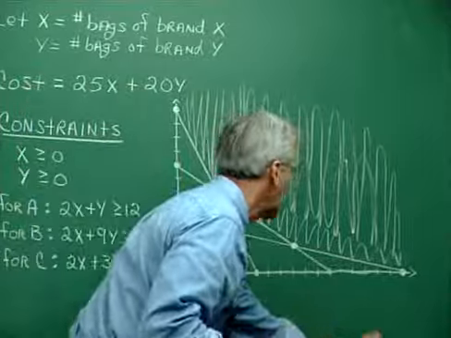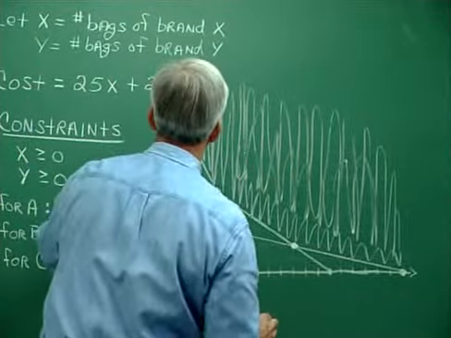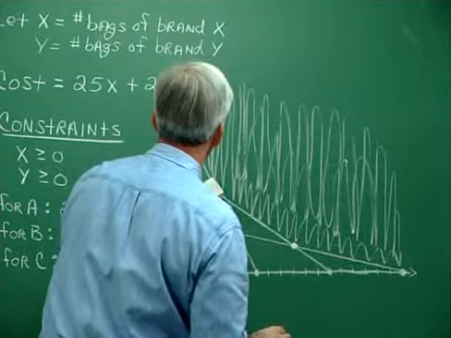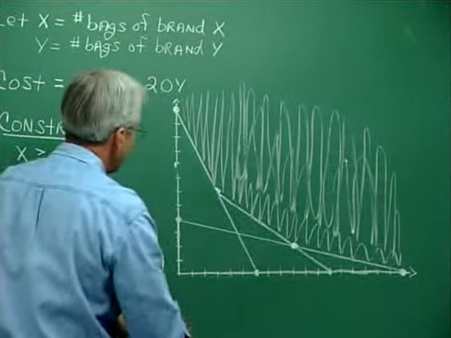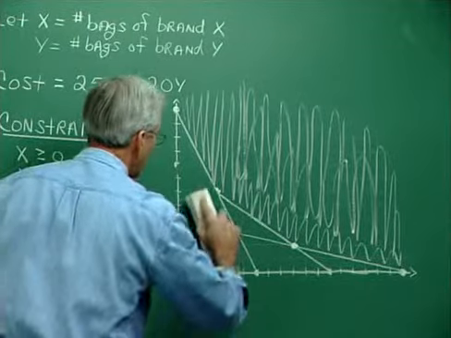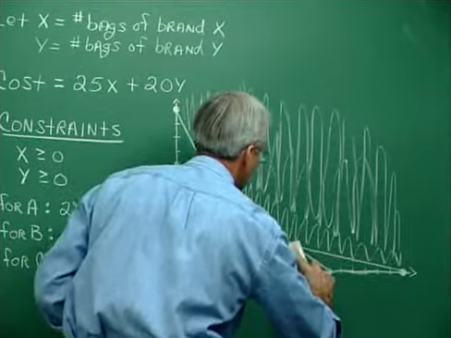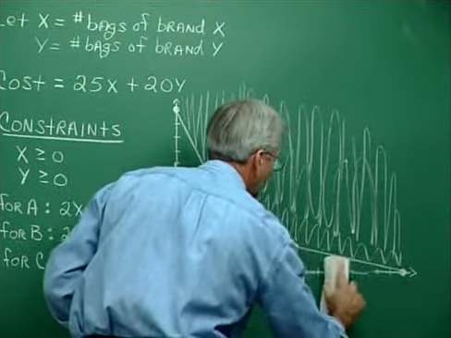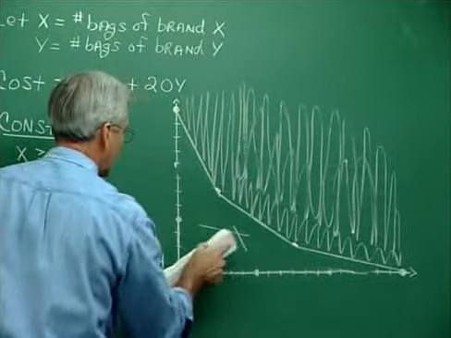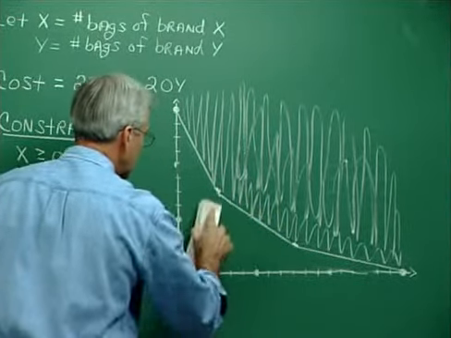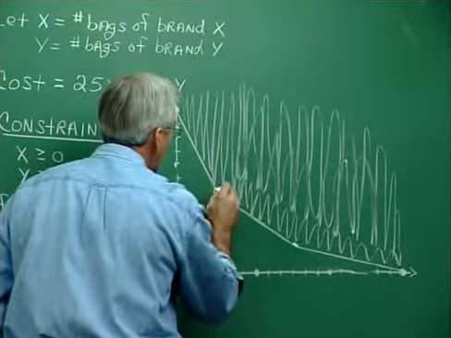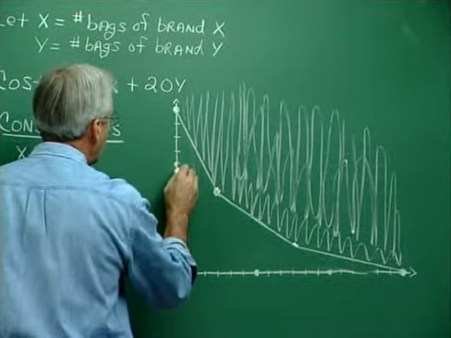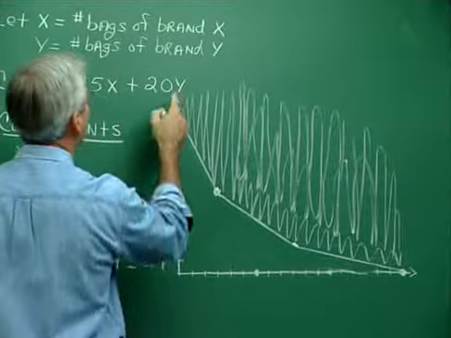Well, let's see. I can clean it up quite a bit here by erasing a little bit in here. Okay, here we go. We've got a vertex point at 0, 12.